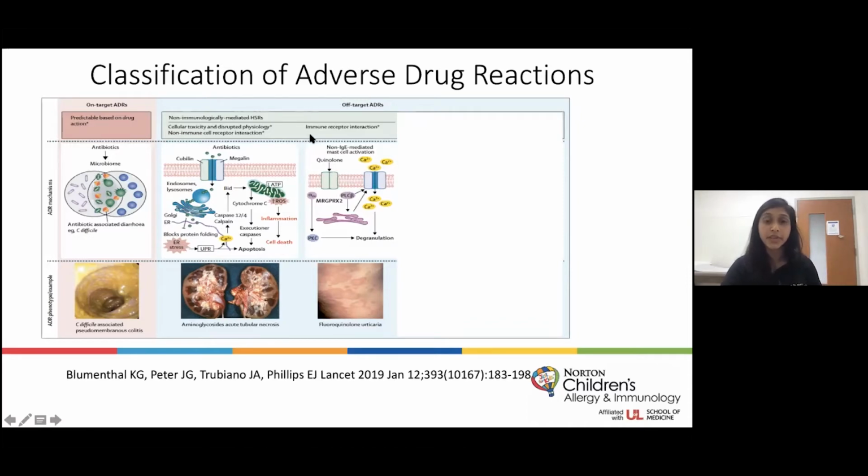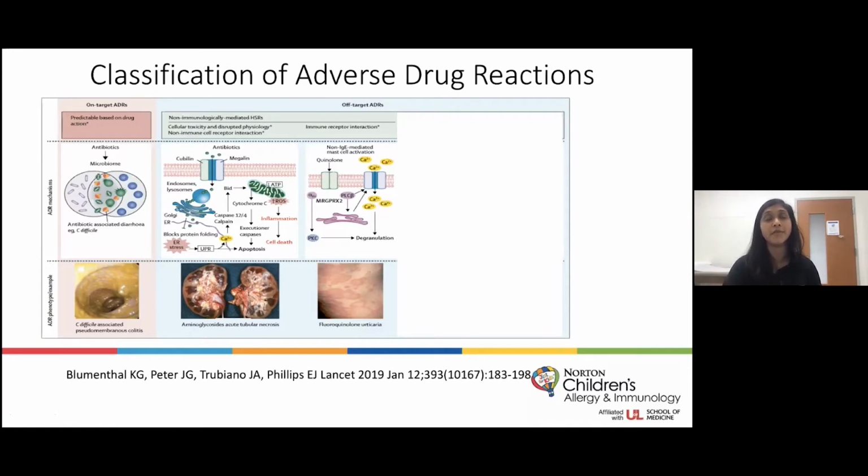Immune receptor interaction: the classic example is interaction with this receptor called MRGPRX2, which you may not be familiar with, but it's becoming more famous in the allergy world.